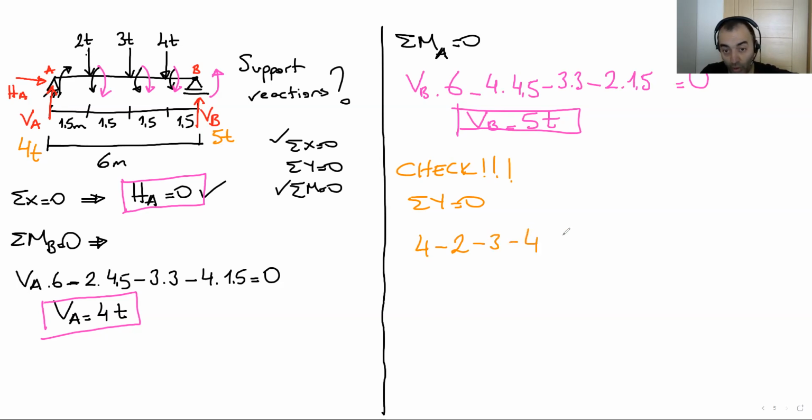Then we have vertical B in positive direction. If we do this calculation, 4 plus 5 is 9, minus 9, the result is 0. So that means the support reactions I've calculated are correct. This is correct.